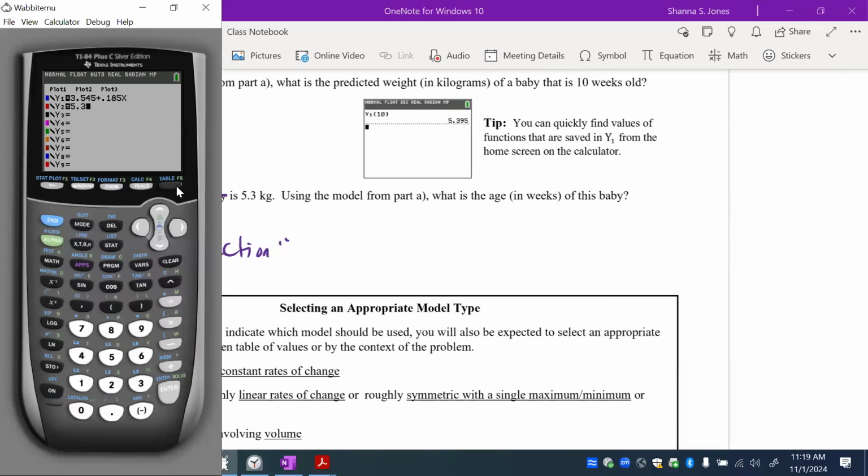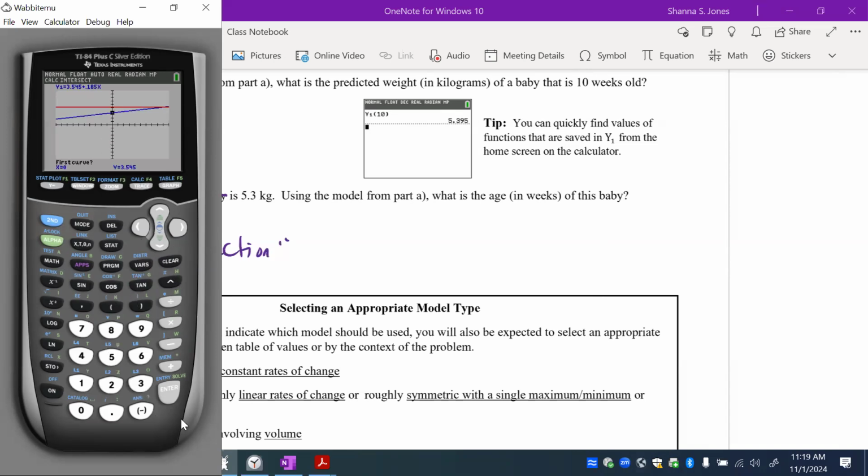I'm going to hit graph. So there's my initial linear equation. And then it's going to graph my 5 3/10. And I want to know where they intersect because that's what's going to tell me my X value, right? So I'm going to hit second, trace, and you see where it says intersect.